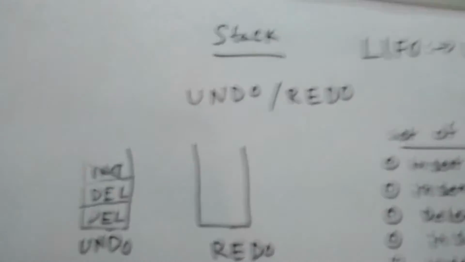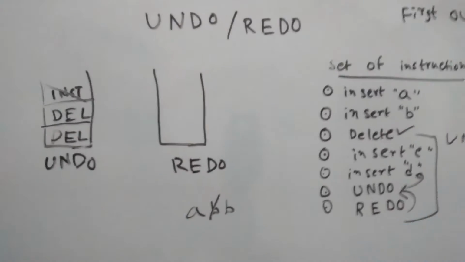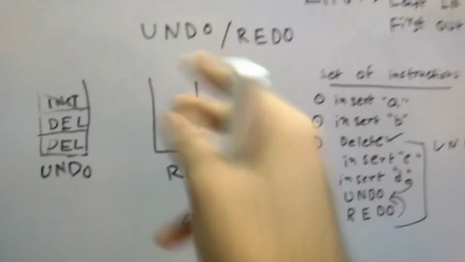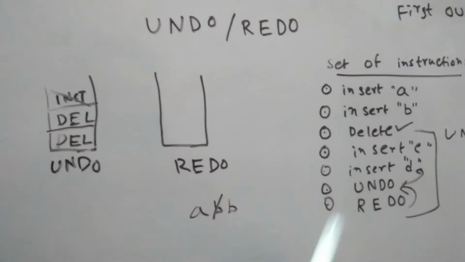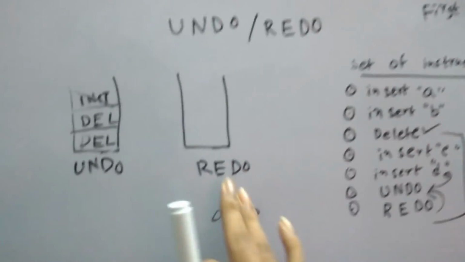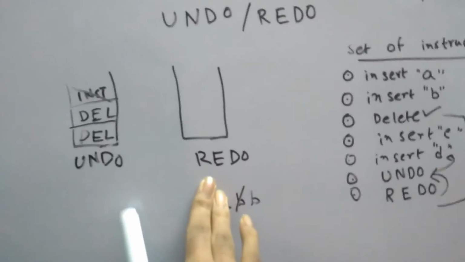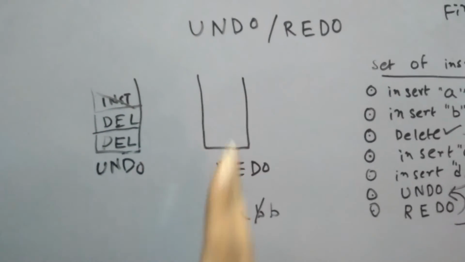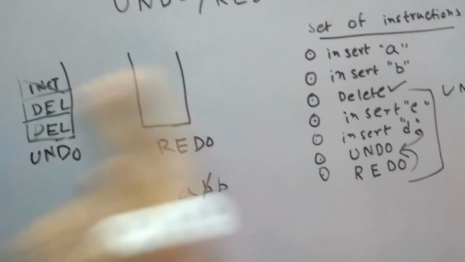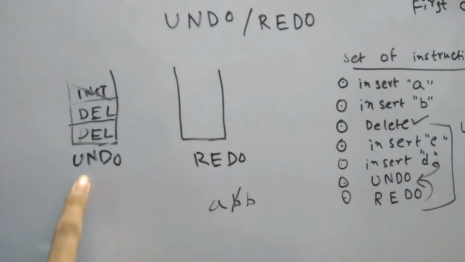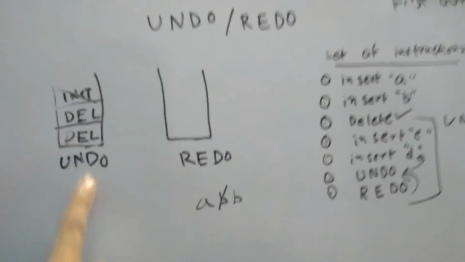Now let's see how we can implement this redo feature. Let's think for a moment. Whenever we are pushing something in the undo stack, we are just doing the opposite of any normal instruction, and this redo functionality is exactly undo of undo. If you have any doubt, just go back and watch the video once again. This redo is basically doing the undo operation of undo.